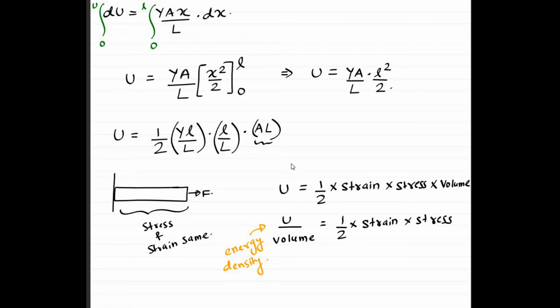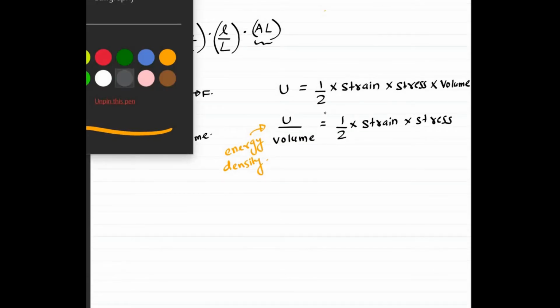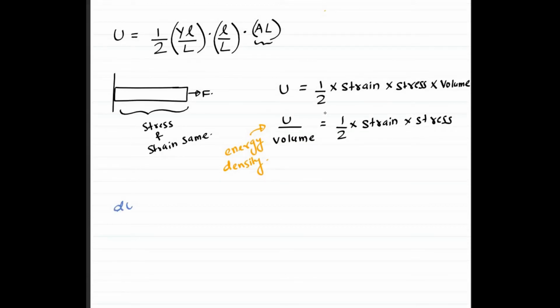Therefore, energy density du by dv can be written as half into stress into strain. From Young's modulus, I can write stress as Young's modulus times strain, so this will become half Y strain square.